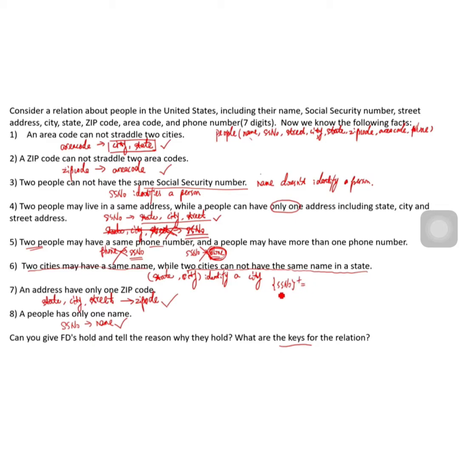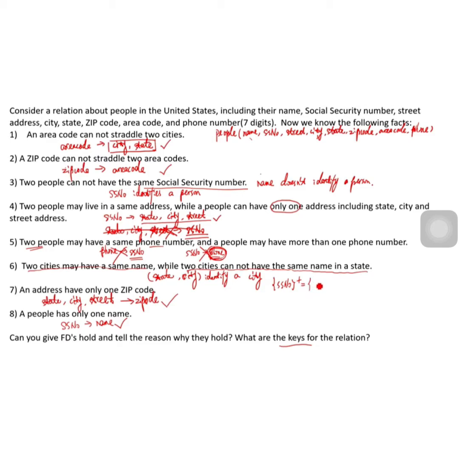We know SS number functionally determines name, and SS number functionally determines state, street, city. State, city, street functionally determine zip code, and zip code functionally determines area code. It seems that SS number is very important, so the closure of SS number must be very large. Okay, now let's compute it.